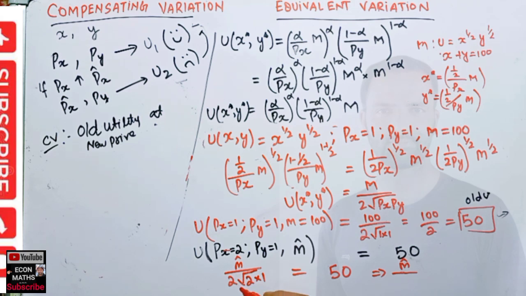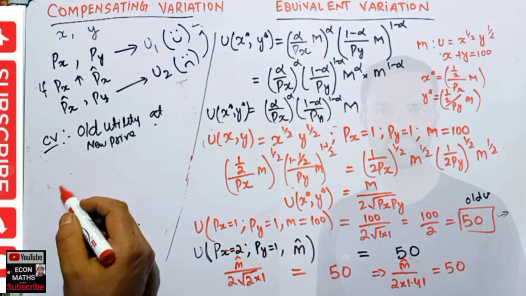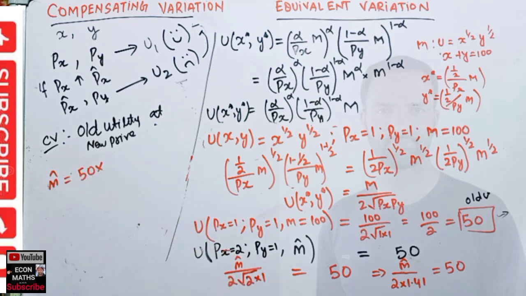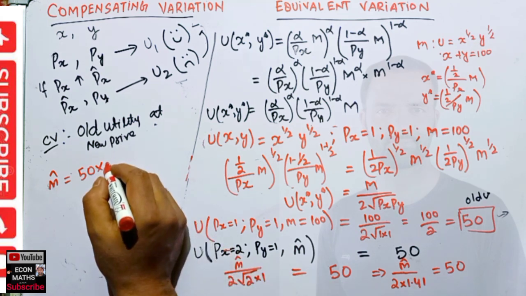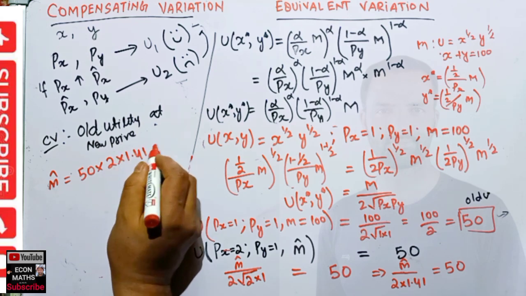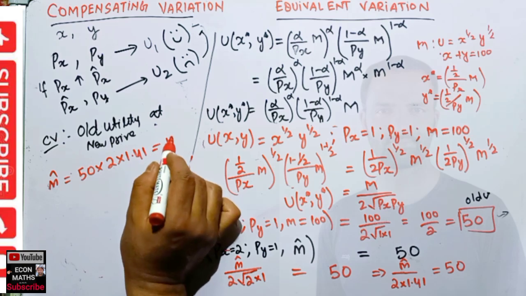Now if we solve this, we have m dash upon 2 into under root 2, under root 2 is 1.41, so this will come out to be 2 into 1.41 should be equal to 50. Let me write it here. So that means m dash is equal to 50 into, if we multiply these, 2 into 1.41, it comes out to be 141.